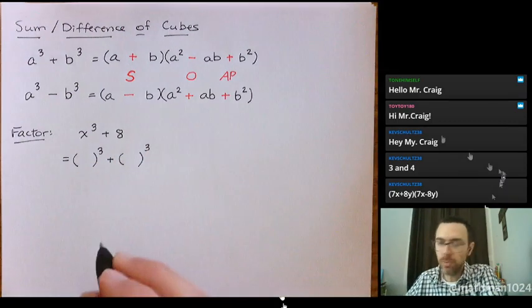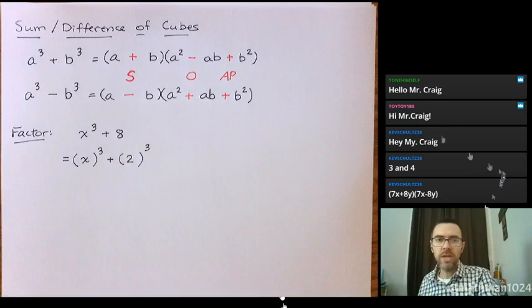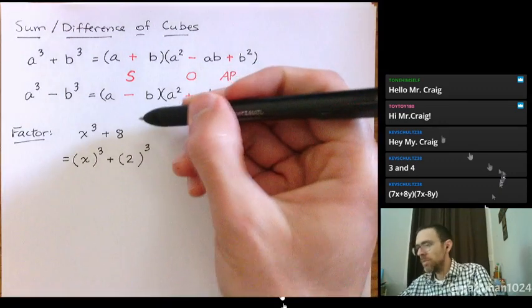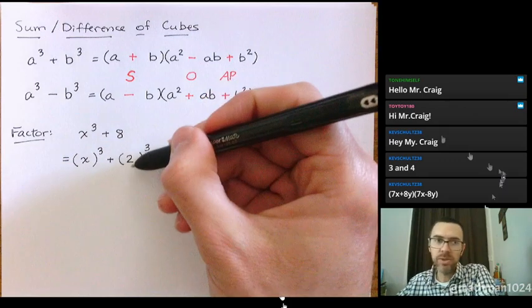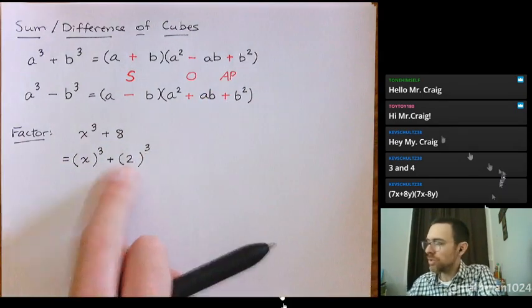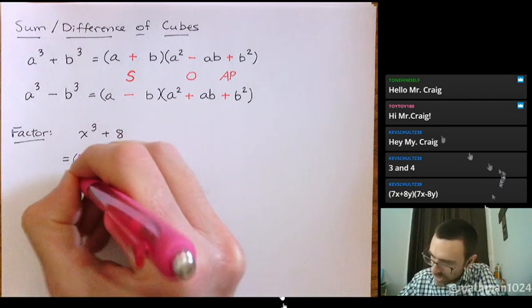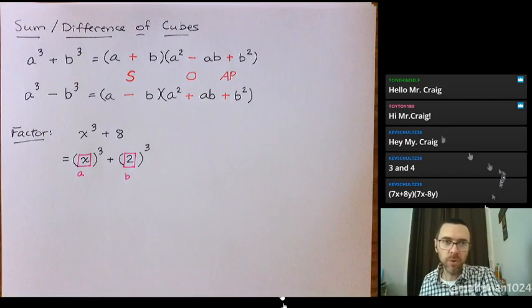And those two somethings are x and 2. So please notice that I'm not going to be using 8 when I'm doing my factorization. I'm using what I cubed to get to 8, which is the 2. So the x and the 2 are the pieces that I'm going to be using. This is my a, and this is my b when I go to my formula.